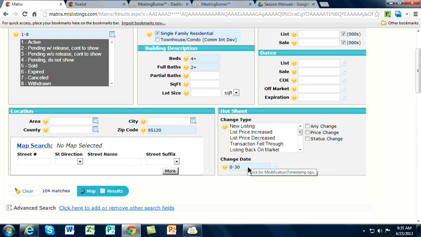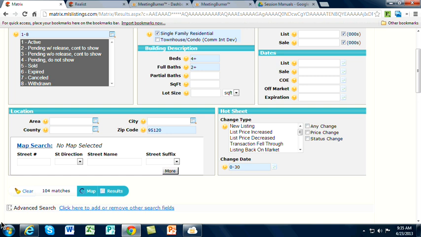I think this is easier and quicker to do. So a status change date is any change of status. So it would be, and what I'm going to do is I'm going to change the active ones later.